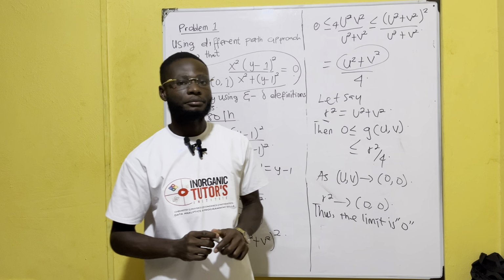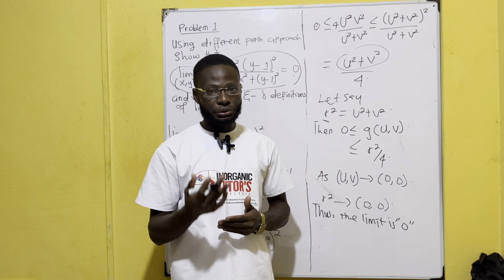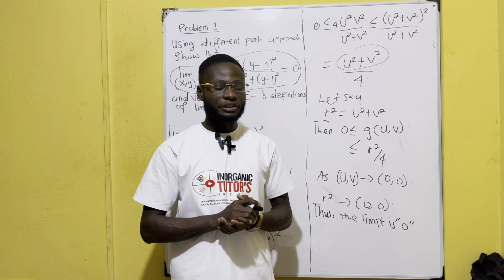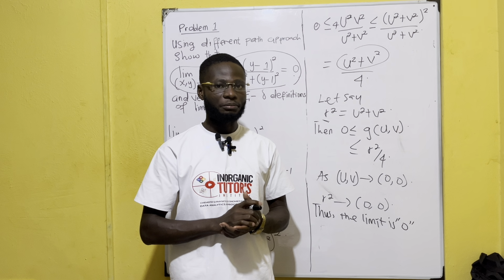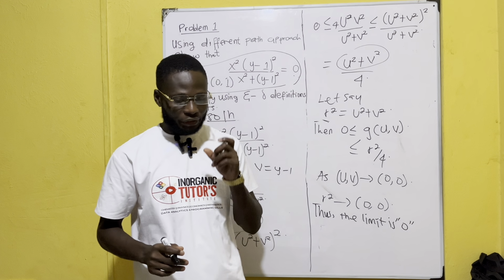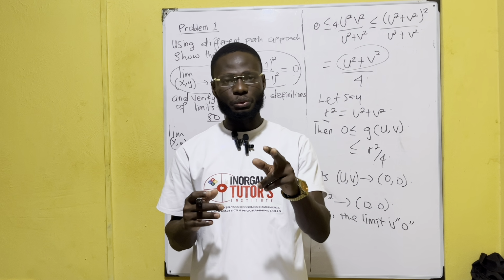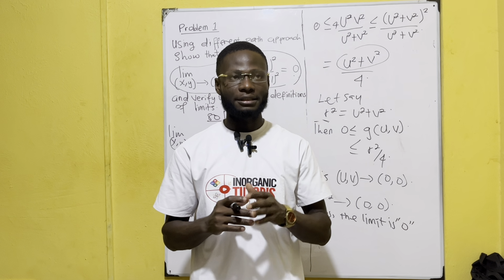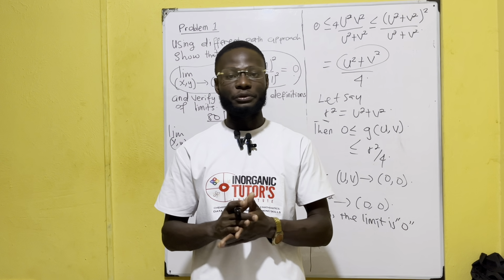Remember, if you want to use the epsilon delta definition, you have to check the structure of the problem before you start the process. We have 2 or 3 approaches, where you can define the variables very easily.